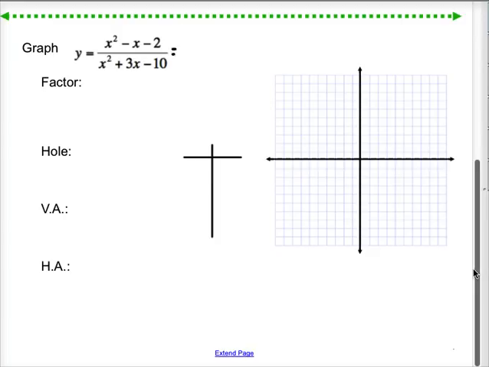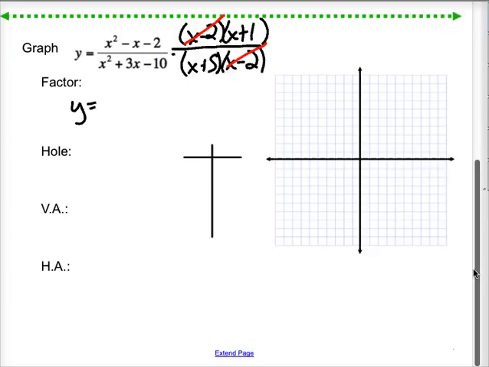So factor the top and bottom. So here we have x minus 2, x plus 1. Here we have x plus 5, x minus 2. So now we can see the cancellations happening. And what we end up with is x plus 1 over x plus 5.